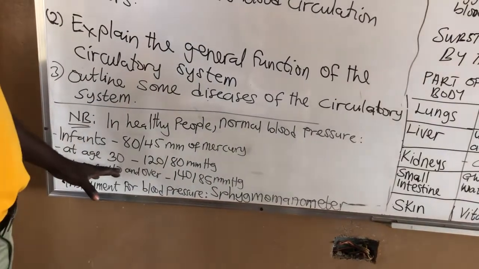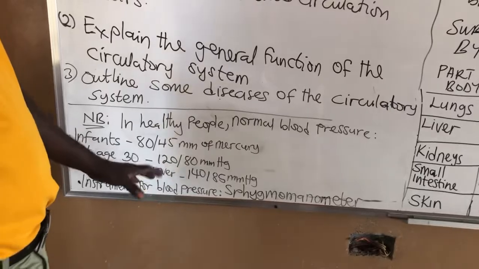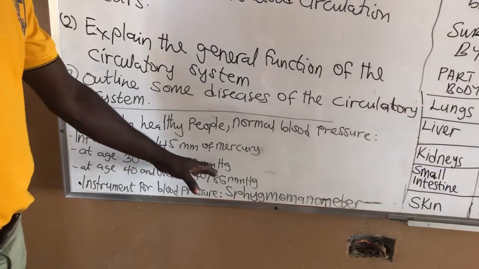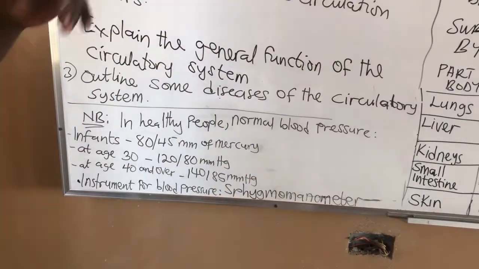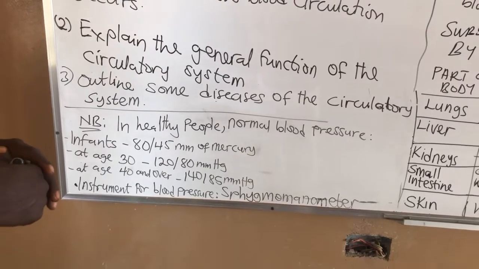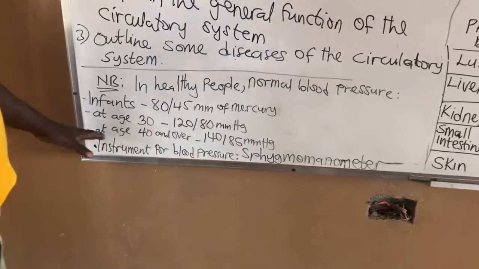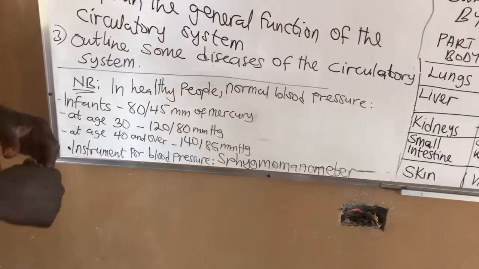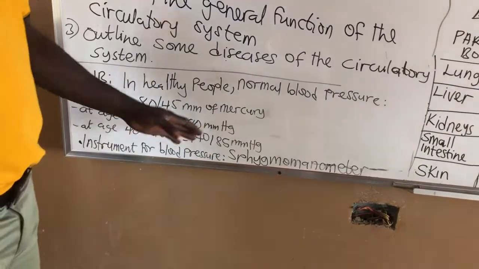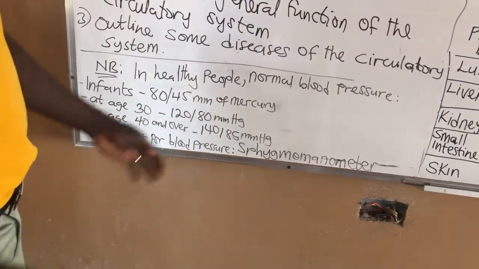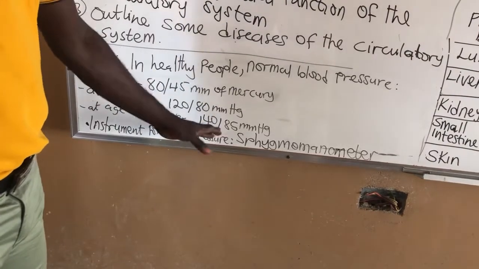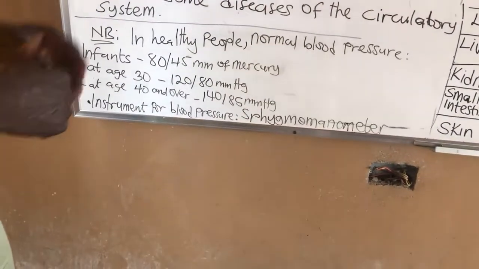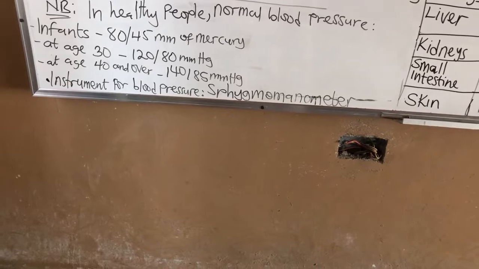Then at age 30, we have 120/80 millimeters of mercury. That should be the normal pressure. And at age 40 and over, the normal blood pressure is supposed to be 140/85 millimeters of mercury.